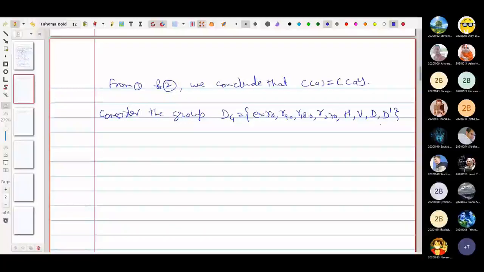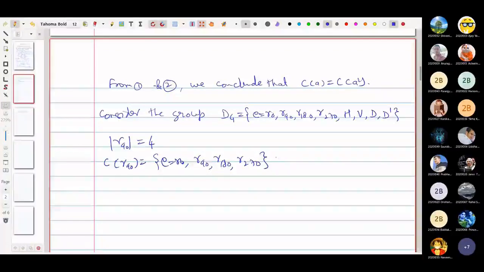So these are the elements in D4. Let us take R90. Here R90 has order 4. The centralizer of R90 consists of those elements of D4 which commute with that particular element. The centralizer of this equals R0, R90, R180, and R270.